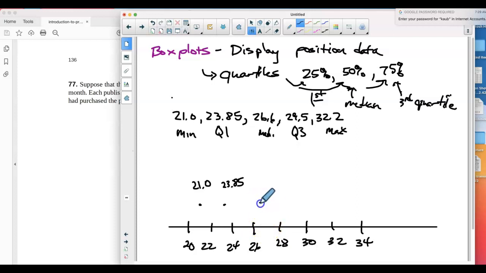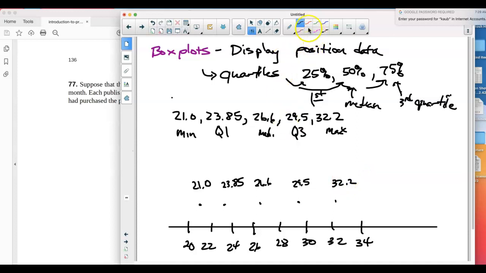So put the dot here. All these dots should be in a line across here. 29.5, 29 is halfway, 0.5 would be 3/4 of the way. And the last number is 32.2, that'd be not 33, it'd be closer to 32. And we'd mark it there.